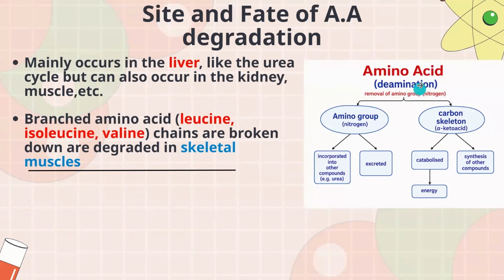So here we have amino acid deamination, the removal of an amino group. The amino group is going to be incorporated into other compounds like urea, or excreted. After we remove the amine group, we are left with the alpha keto acid, also called the carbon skeleton. This carbon skeleton is either going to be catabolized for energy, or synthesized into other compounds like carbon dioxide and ketone bodies, everything we already talked about.